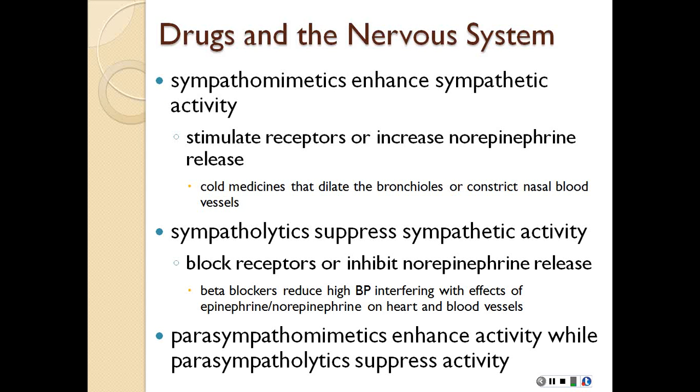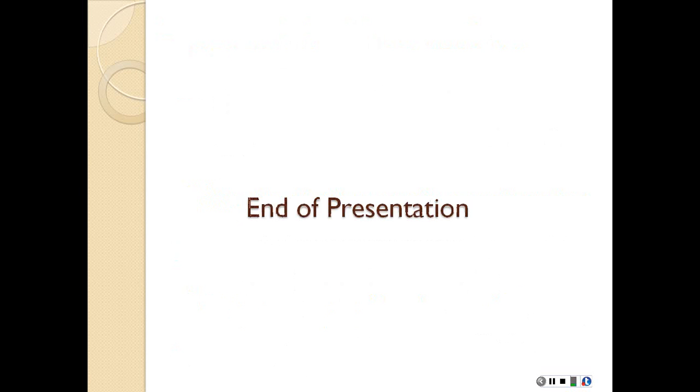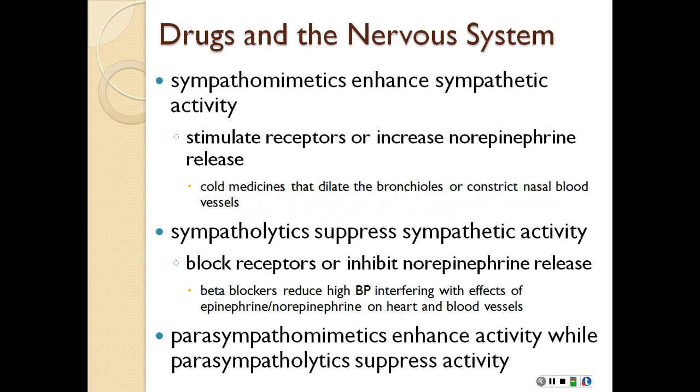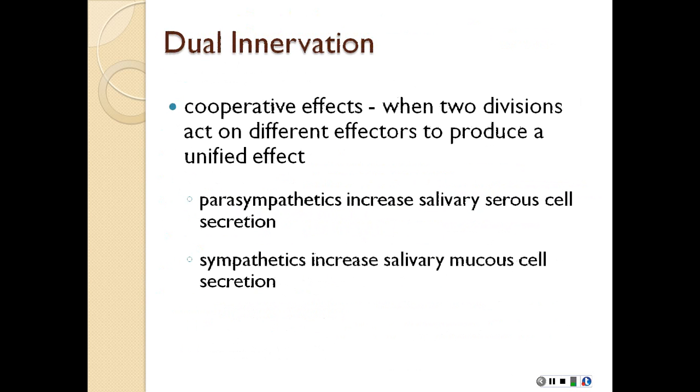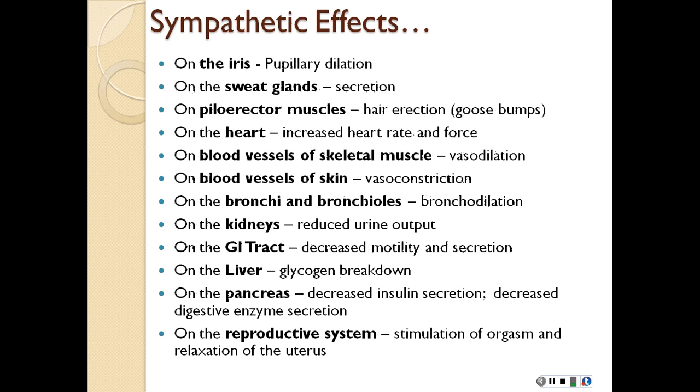Okay? All right. I'm going to go over some more. There's a few things I need to go back to, because what I want you all to think about now that you know this is: we said nerves are stimulating the heart, right? You have sympathetic and parasympathetic. Both of them are stimulating the heart, but one has one effect, the other has another effect. How can they have different effects?